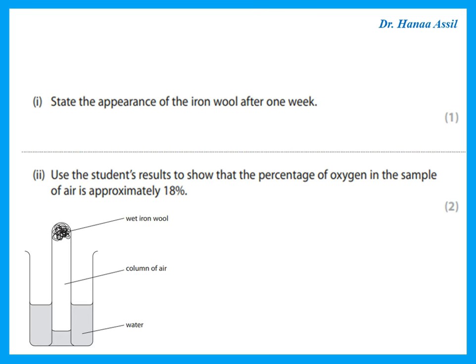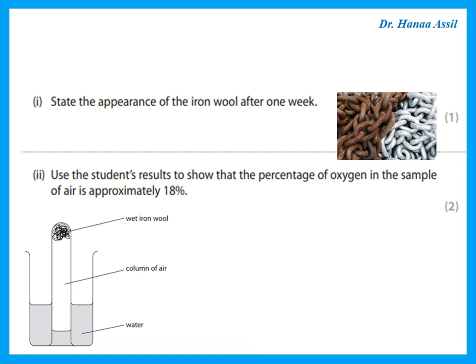If we put the iron in, it's wet, so it has water and it has oxygen, it rusts. What is the appearance of rust? Remember that iron is normally a silvery metal, but when it rusts, it becomes reddish brown.